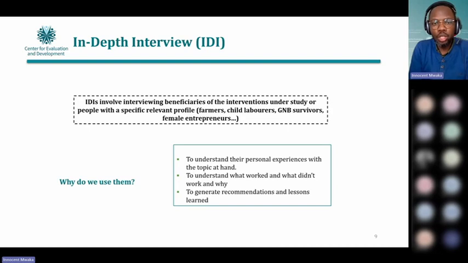But when we talk about the theoretical basis of what a key informant interview is, or an in-depth interview is, then indeed there are always these cross-cutting issues. Where does the boundary start and where does the boundary end? And the debate still continues, but I'm glad that you brought it up.